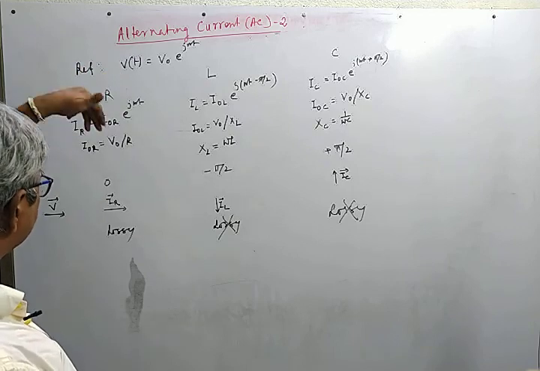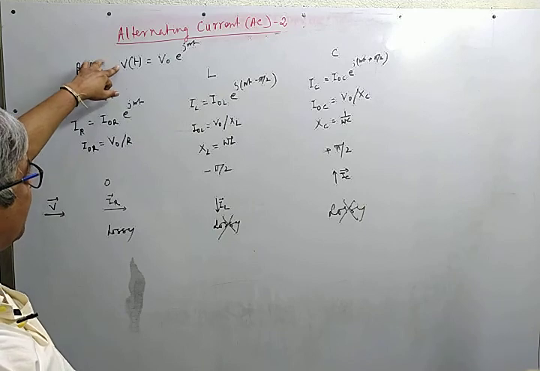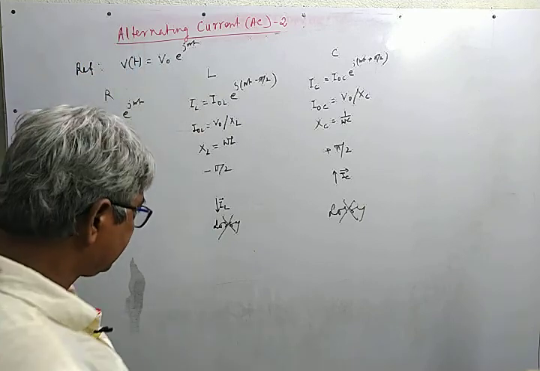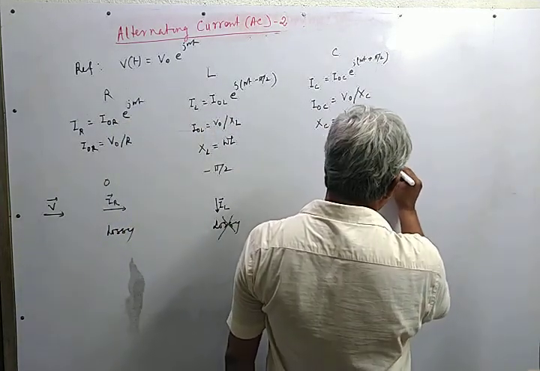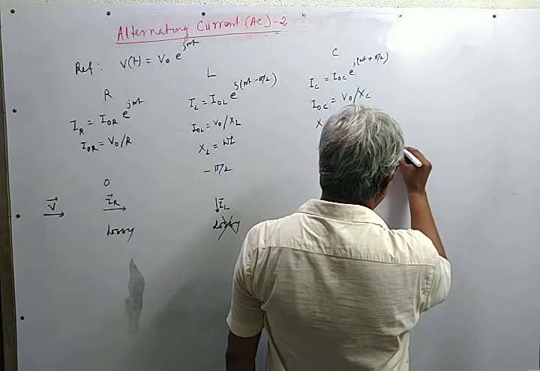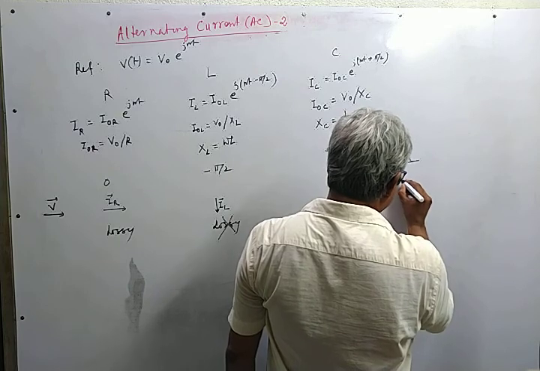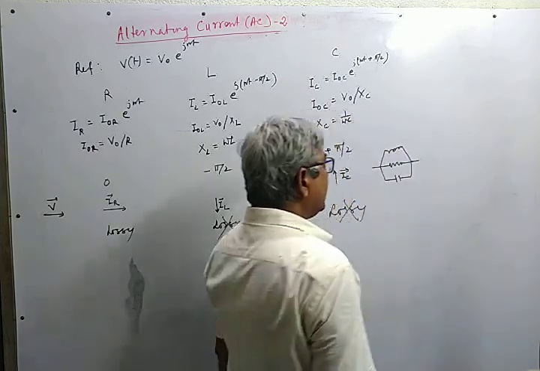So this much we have done in the earlier class, and we said that the investigation of the currents in an AC circuit with reference to a voltage is applicable when the circuit elements are connected in parallel. That is, say we have a resistor, an inductor, and a capacitor connected in parallel.